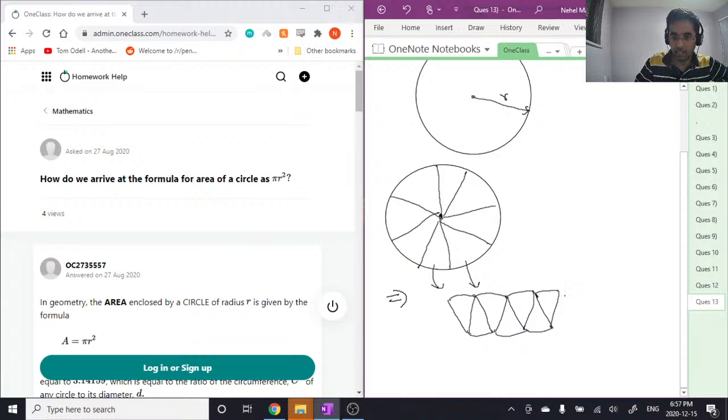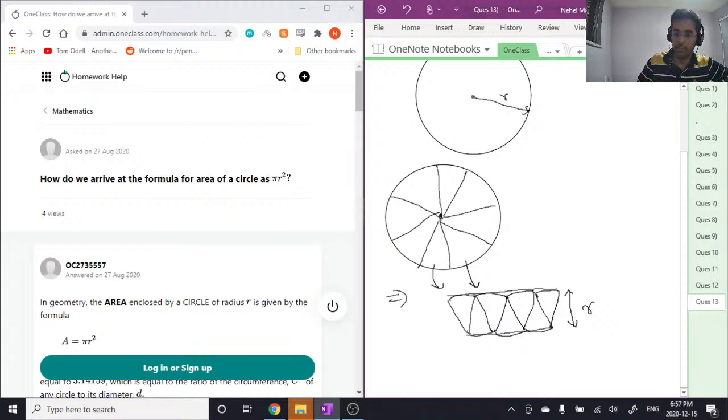In that rectangle, we know that this distance is nothing but the radius, since we took it out, and that distance is the radius. What we also know is that this distance plus this distance is the total circumference.